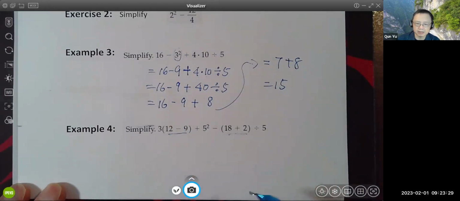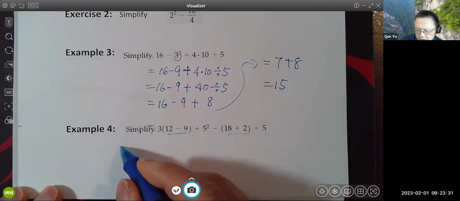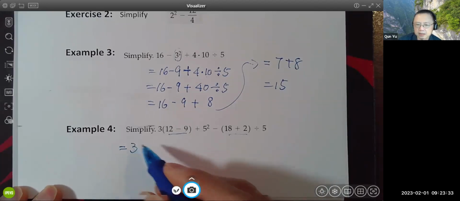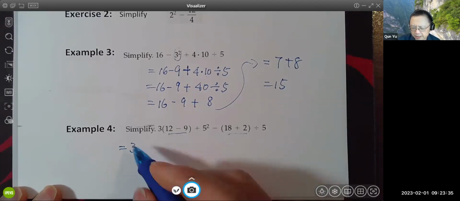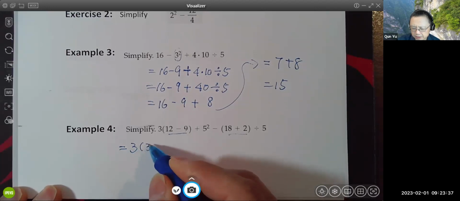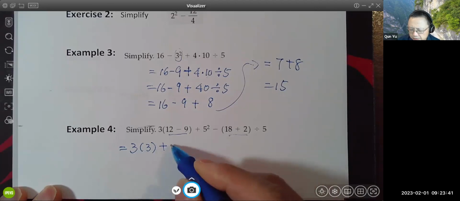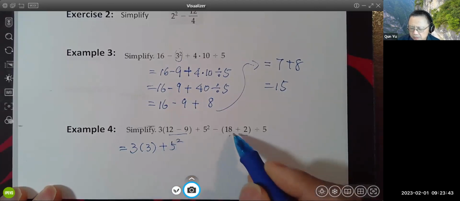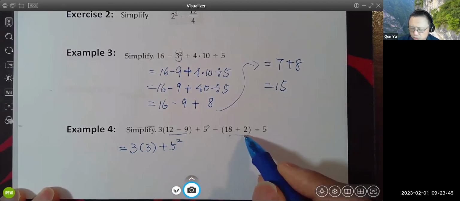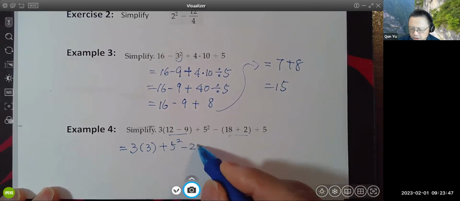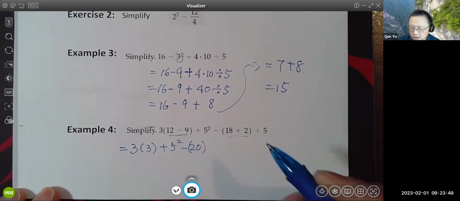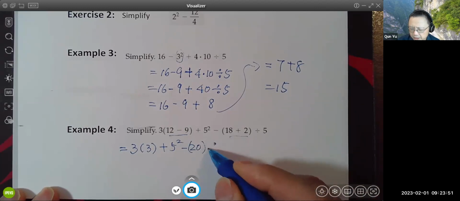The result is the same. So we have 3. 12 minus 9, that's another 3. And I copy everything else. 5 squared. The result of this one, 18 plus 2 is 20, or minus 20 here. And divide by 5.